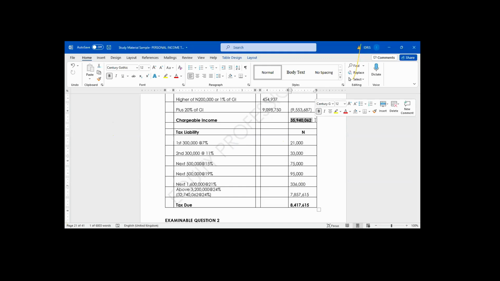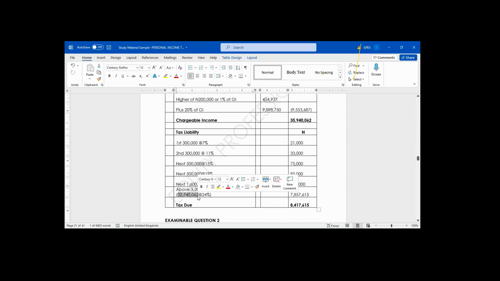If you minus it from the chargeable income, what is the balance? 32,740,062.